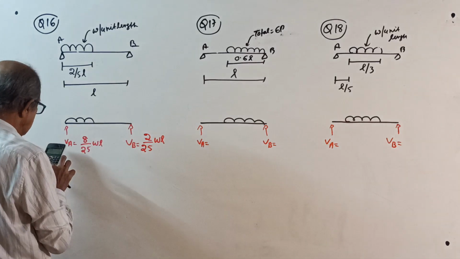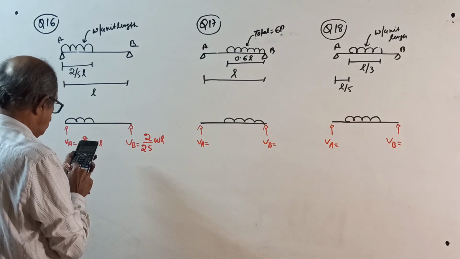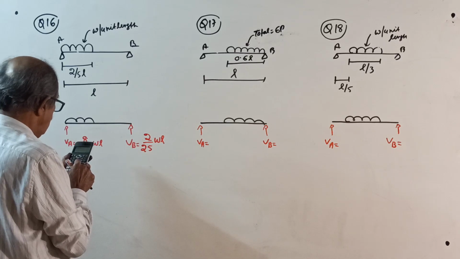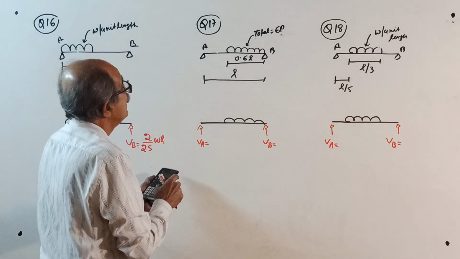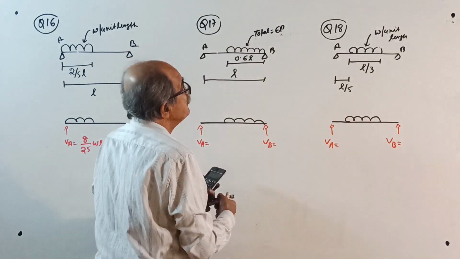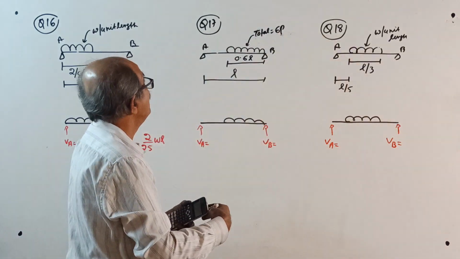Or if you go to fraction, it will be 0.32. I'll check the answer. 2 by 5 into bracket 1 minus 1 by 5 is correct. Here they told decimal. So since they told decimal 0.6L, we will also write the answer in terms of decimal only.